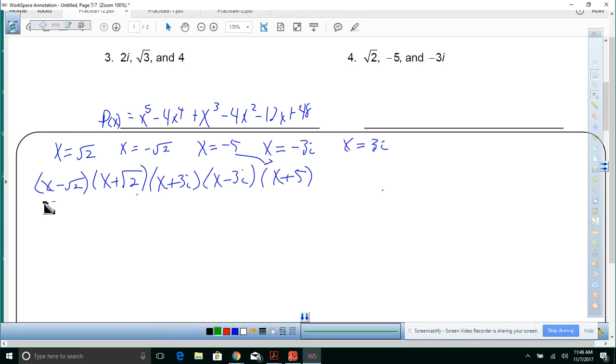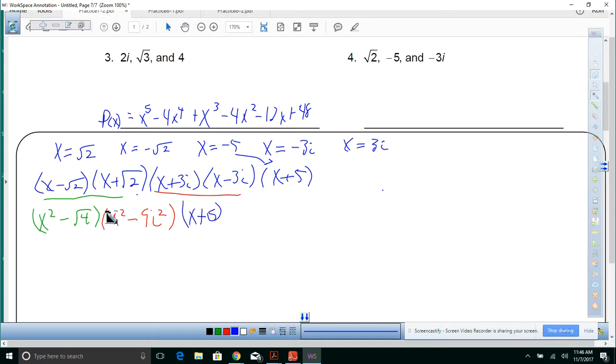So let's do these two here. And that's going to give you x squared. The middle terms cancel out, minus the square root of 4. And then let's do these two here, and that's going to give you x squared. Again, the middle two terms cancel out, and it's going to be minus 9i squared. And then you just have x plus 5.